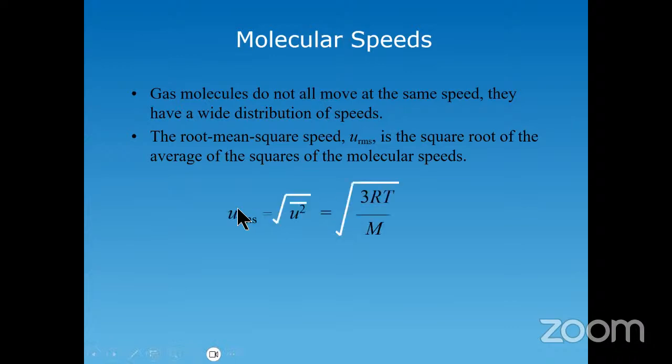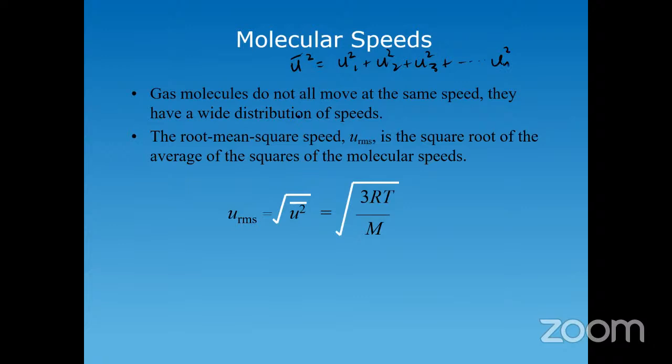And the root mean squared speed can be calculated this way. Now, if you remember, I talked about 2 slides ago, I said that the average square of the speeds would be equal to this plus this plus this, and so on until you get to the nth molecule.